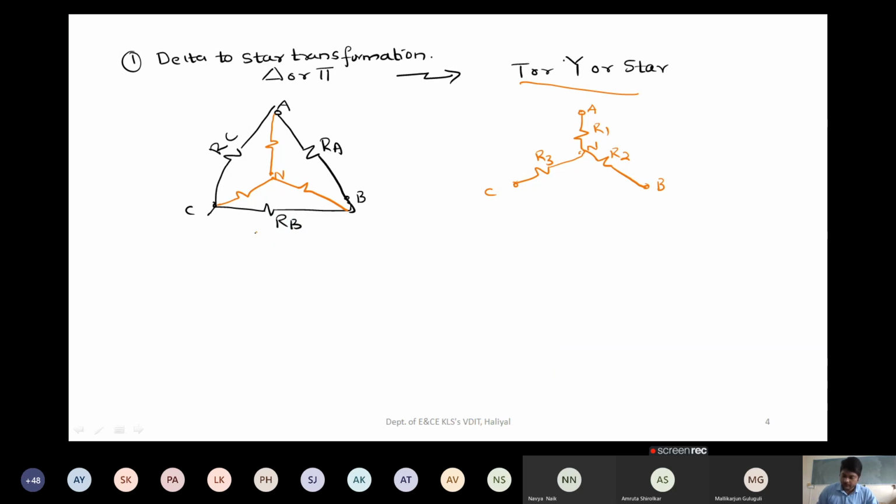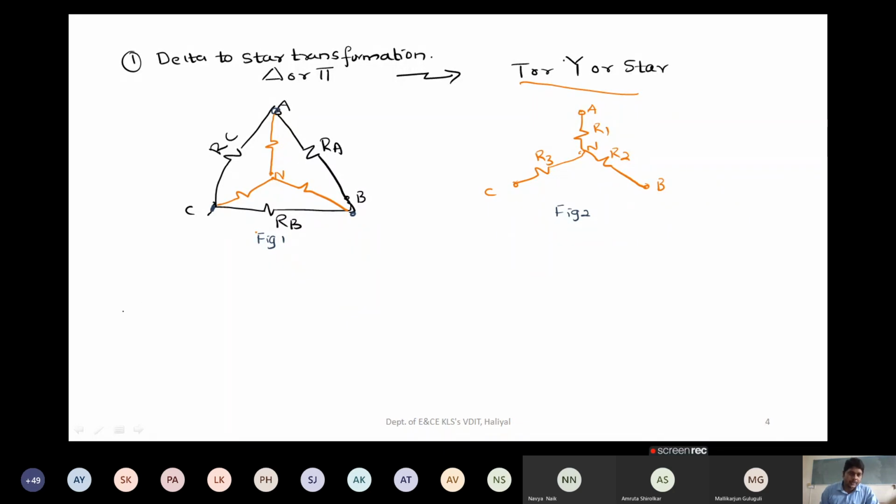If I consider this as figure 1 and this one as figure 2, now in figure 1, assume that these points A, B and C are independent, that is, not connected to any other part of the network, as one separate bunch.